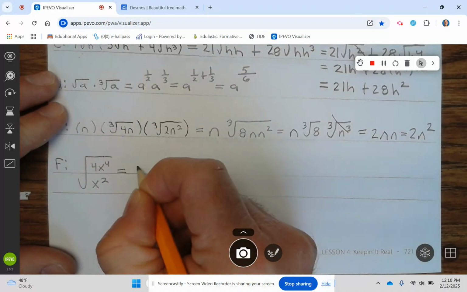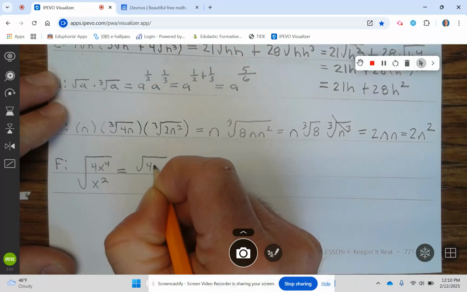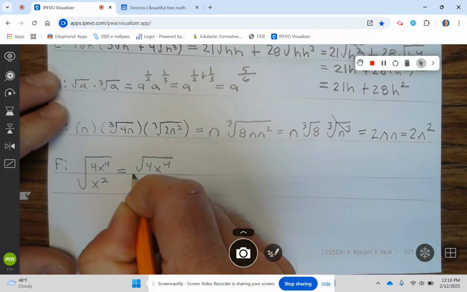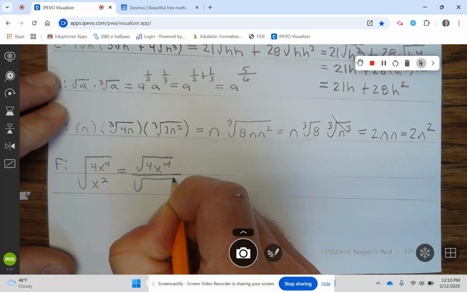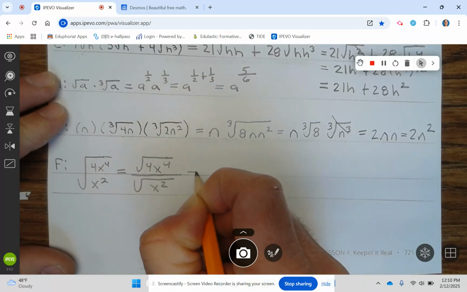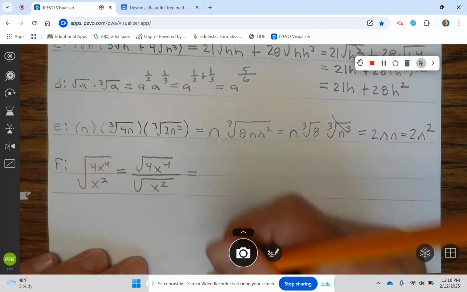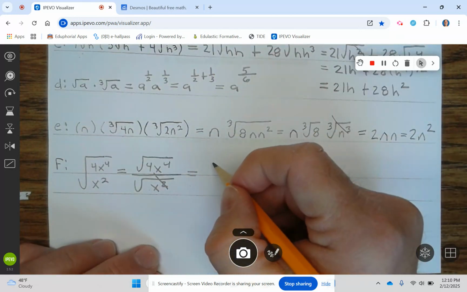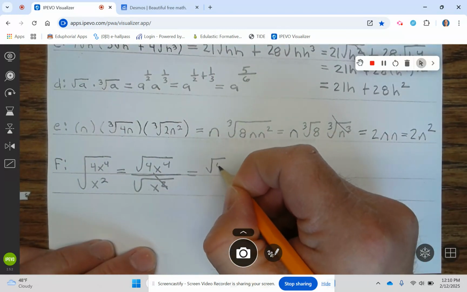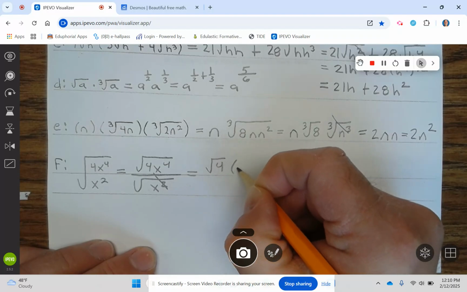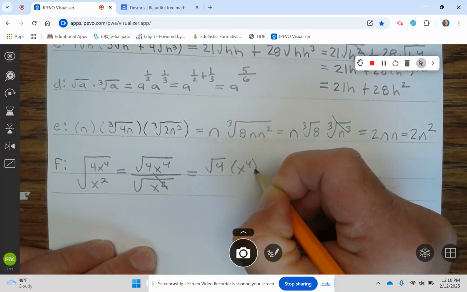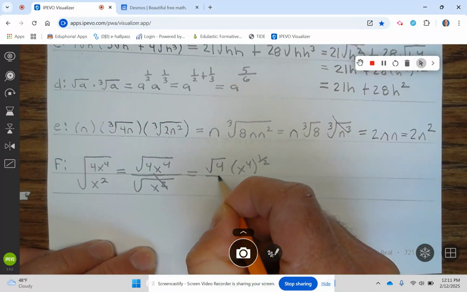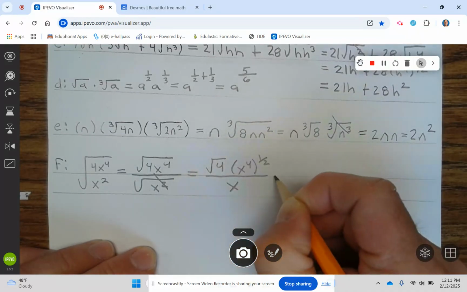So this becomes the square root of 4x to the fourth divided by square root of x squared. Now the square root cancels the squared, so then you're left with the square root of 4 times x to the fourth to the 1/2 divided by x.